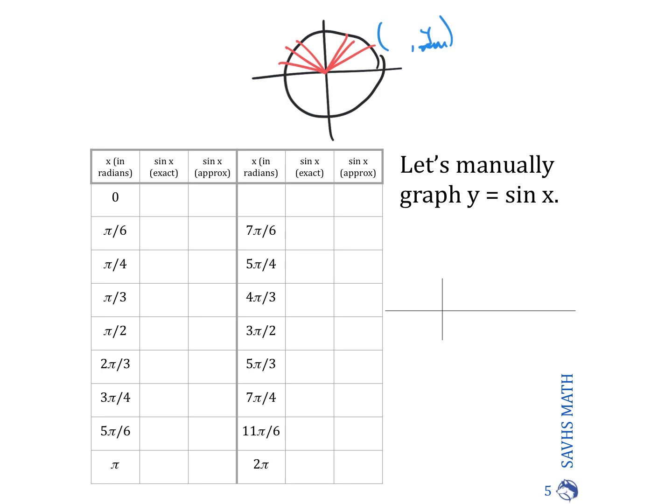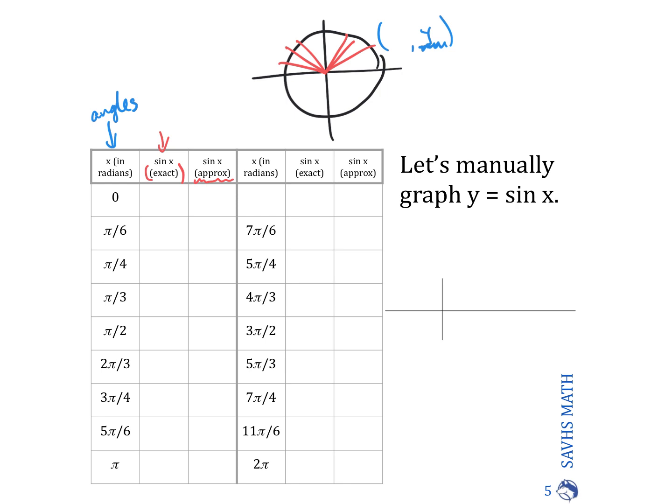This is a little bit confusing: the input values in our sine function are angles, and we're going to stay in radians. The output values are the values of the sine function. I'm using the exact values to get my answers, and then I'm going to put these in my calculator to get decimal answers too.